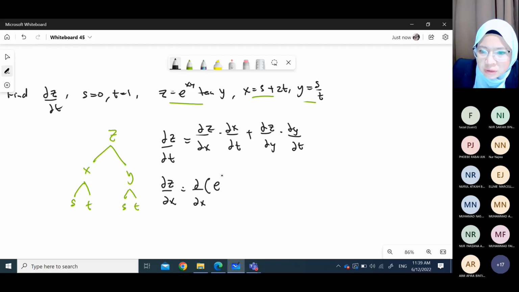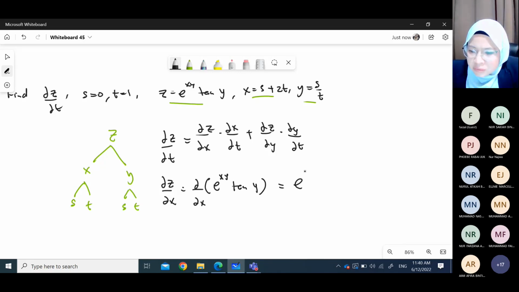So z is exponent of xy multiplied with tangent of y. So nak differentiate with respect to x, y remains as a constant. So now we have exponent xy. Differentiating this one, we have exponent xy and another function here which is xy. So we differentiate with respect to x on xy, then we have y here. Tangent y tak perlu usik lah sebab dia adalah constant.